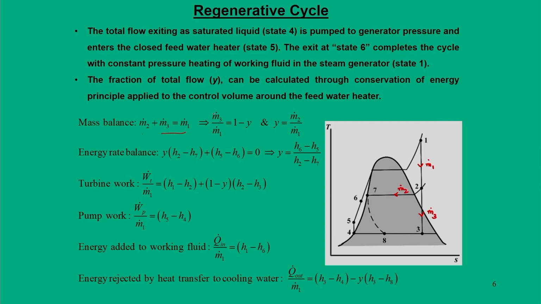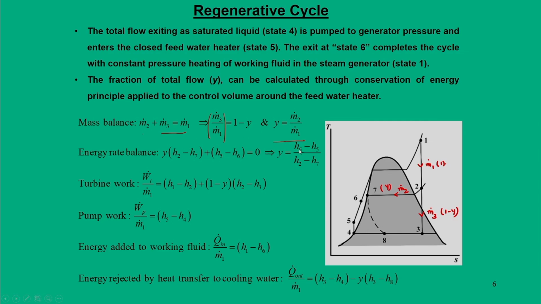Now, if you take the ratio M3 dot by M1 as 1 minus y, and y is equal to M2 dot by M1 dot, then that means this one becomes 1 unit, you take y unit this side and here it becomes 1 minus y unit. So, thereby we write these equations, that is the ratio of M3 by M1 is equal to 1 minus y, and y is equal to M2 dot by M1 dot.